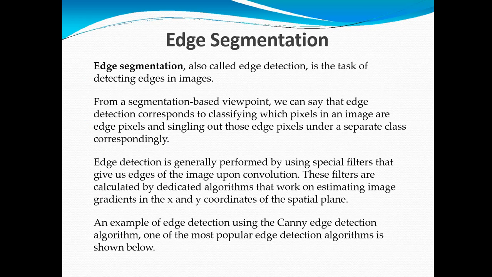Edge segmentation. Edge segmentation, also called edge detection, is the task of detecting edges in images. From a segmentation based viewpoint, we can say that edge detection corresponds to classifying which pixels in an image are edge pixels and singling out those edge pixels under a separate class correspondingly.